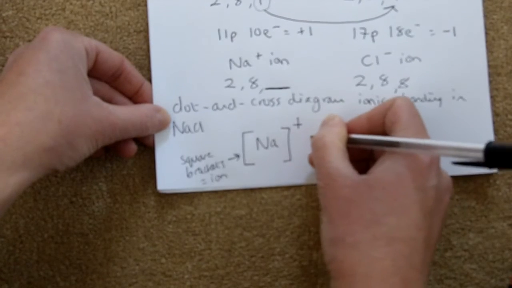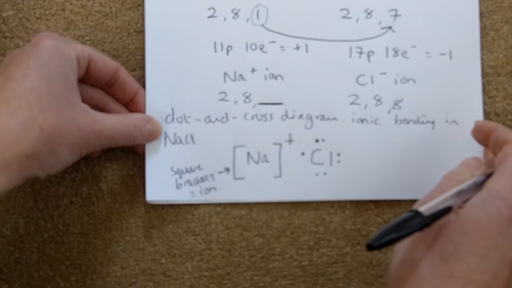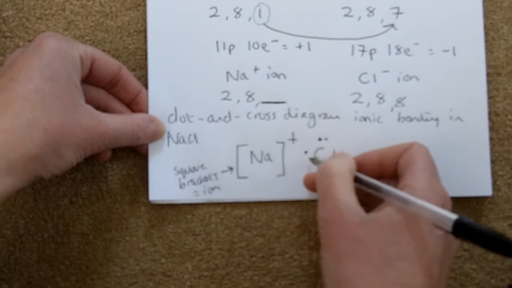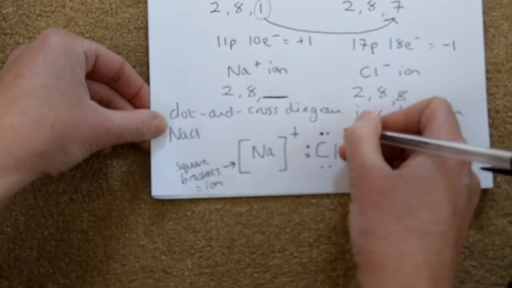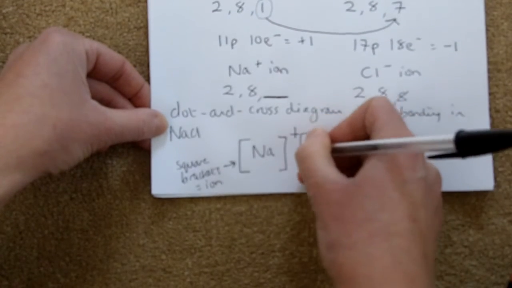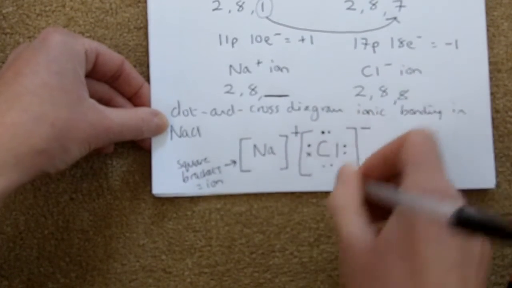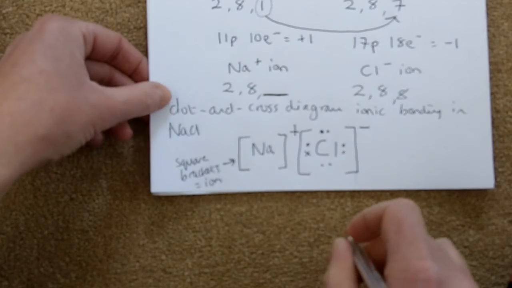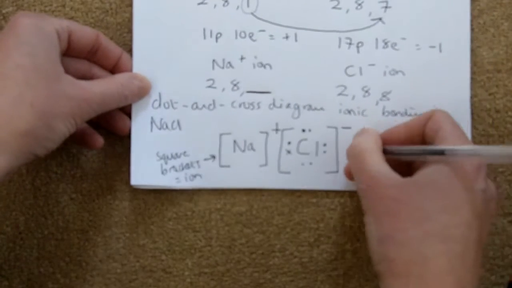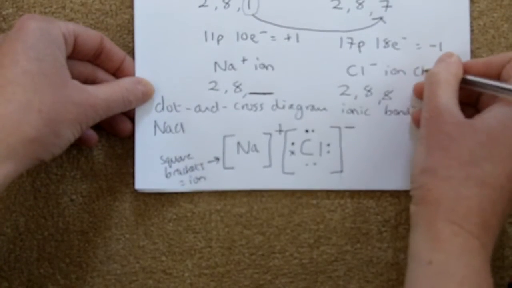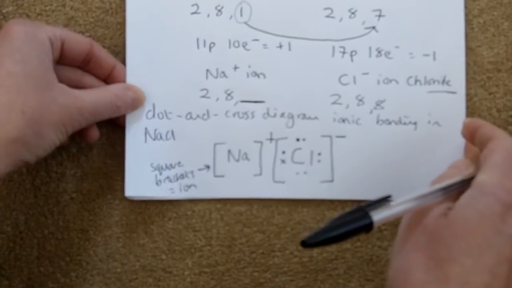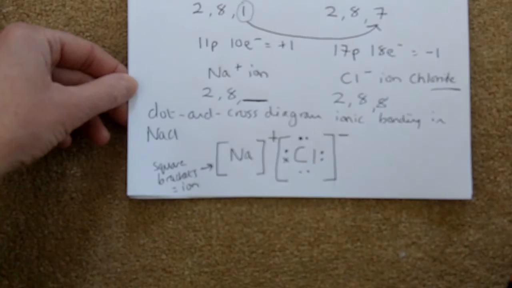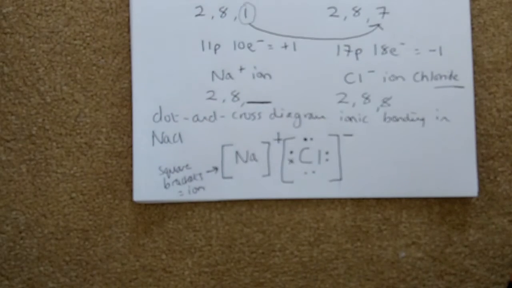Okay, so 7 outer electrons, and it's got an electron from sodium, so it's got a cross, and then the Cl has got an overall charge of minus, and that is called a chloride ion, not chlorine, but a chloride ion. And that's the dot and cross diagram for sodium chloride.